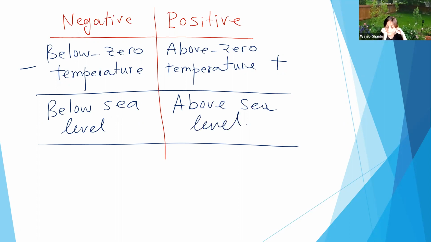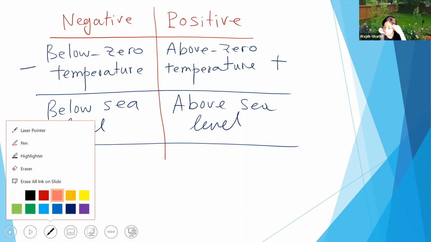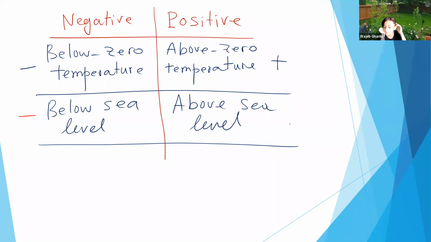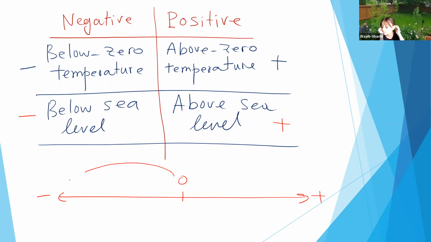So they are opposite each other, and below is negative, above is positive. Once again, here is zero, neutral, and this is positive, and here is negative. So let me write it, here negative, and here positive, and here negative numbers. Okay.